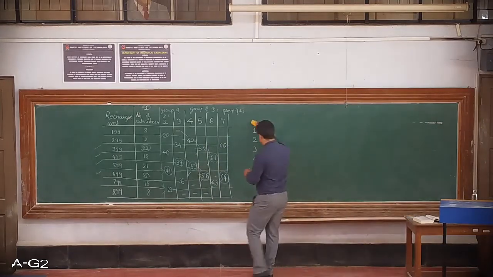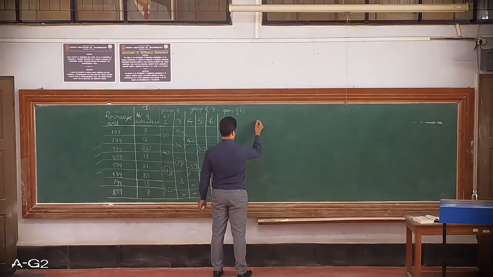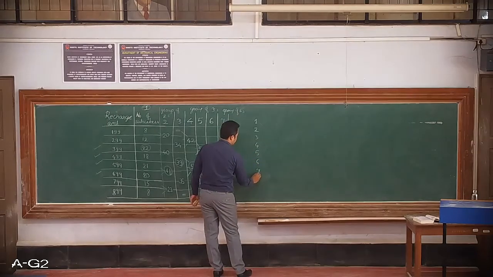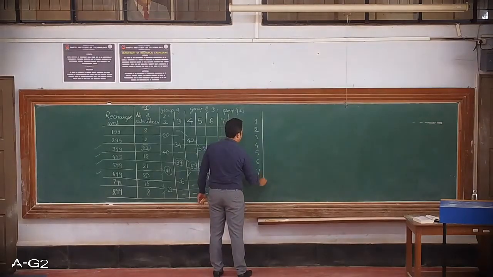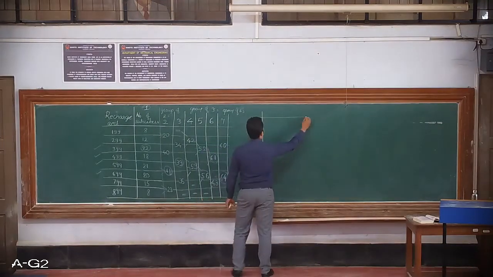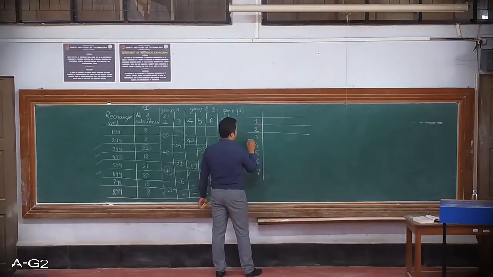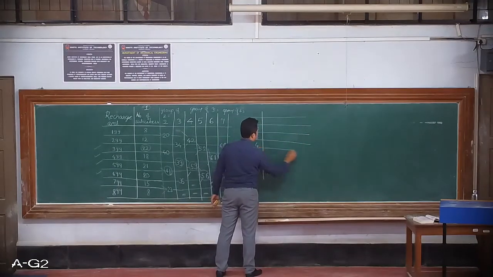So I am going to have 7 rows in my next table with the same titles. These are the row heads, or row titles, you can say.